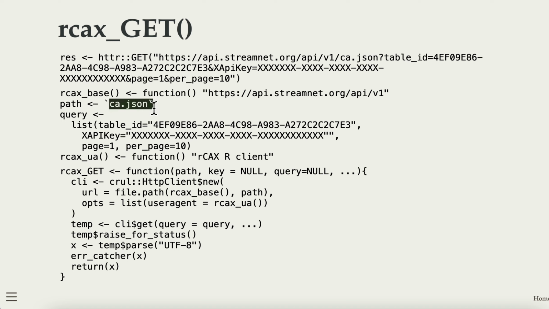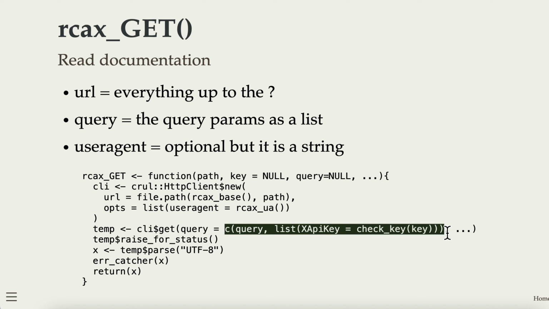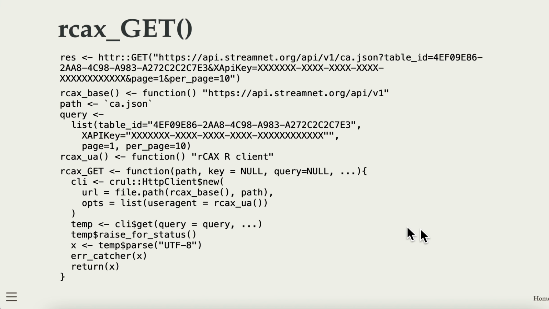It's a string here. Okay, and now let's look at the query. Where's the query? Right here, query. So here in my actual code, you'll see the query has the API key in there. Now I'm going to make it a little simpler for you.